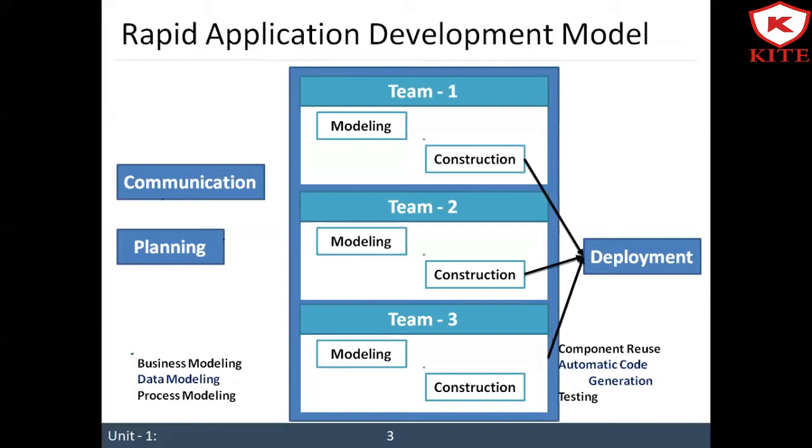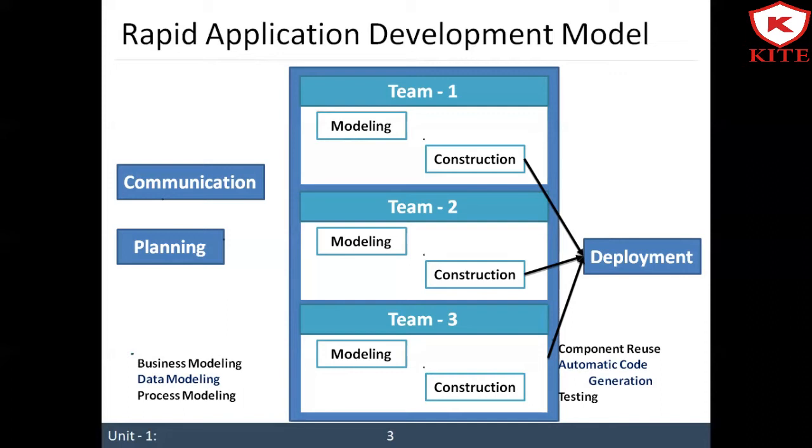Here the figure is given for the rapid application development model. It is an incremental software process model that emphasizes a short development cycle. The rapid application development model is a high-speed adoption of the waterfall model in which rapid development is achieved by using a component-based construction approach.